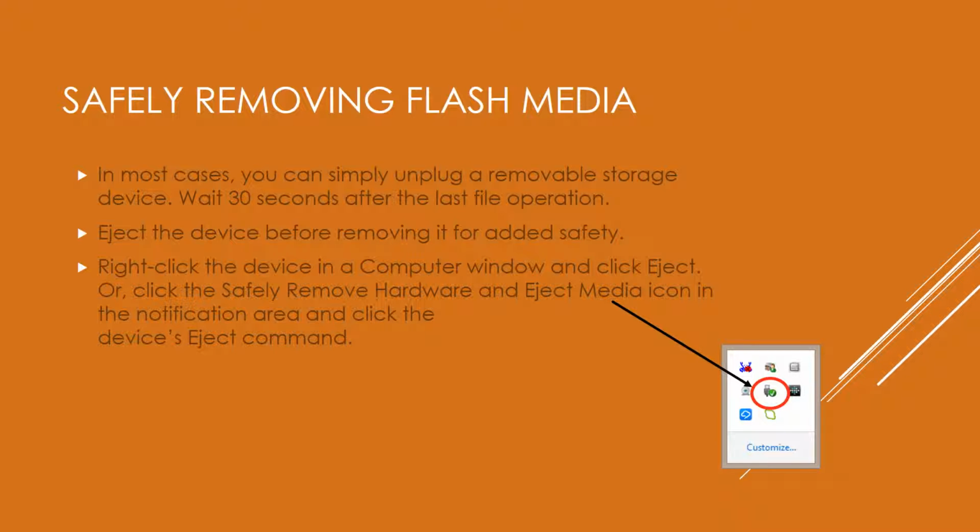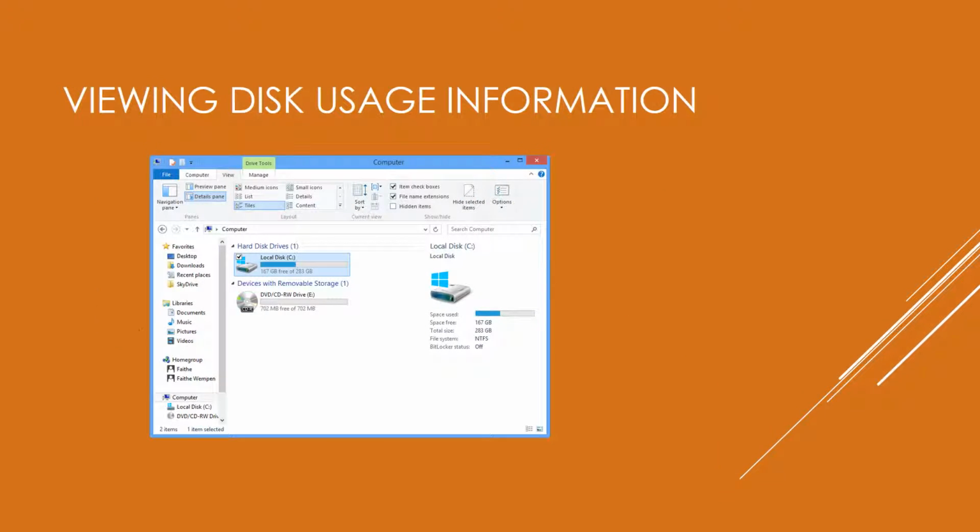To eject, I'm going to either right-click the device in the computer window and then click Eject, or in the notification area, I can click on this little symbol that has the flash drive and the green check, and it'll tell me I can safely remove the hardware, and then I can take it out.